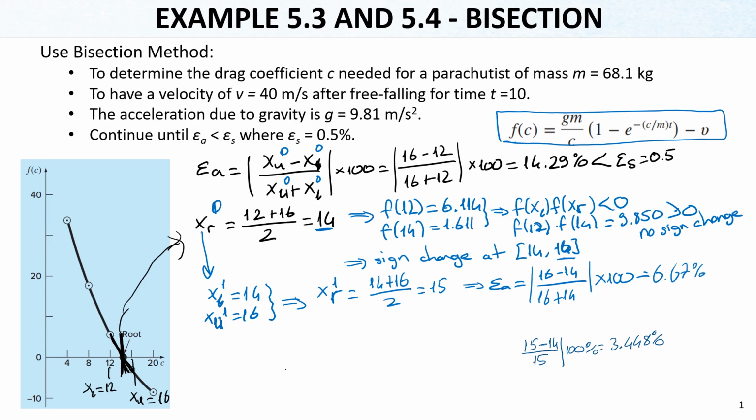You can see that we reduced the initial error, which is 14 over here, to 6.67 by choosing our prediction as 15 in the first iteration.